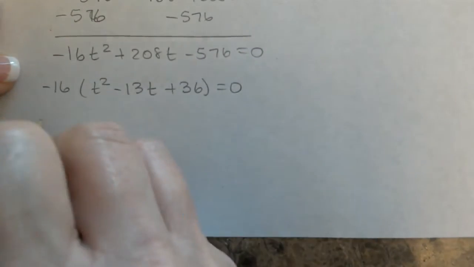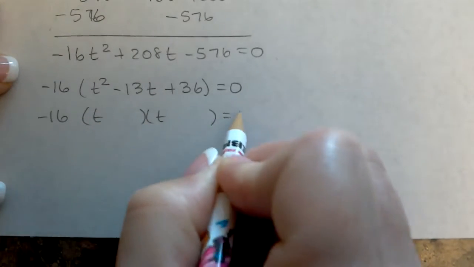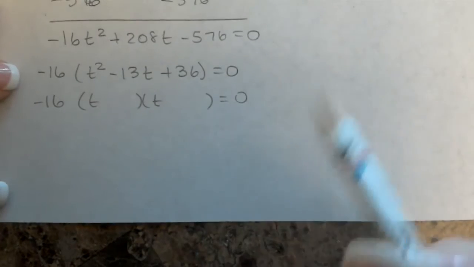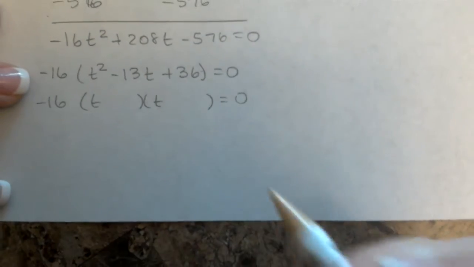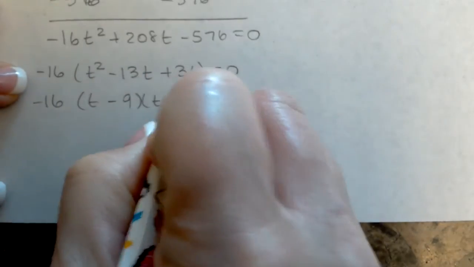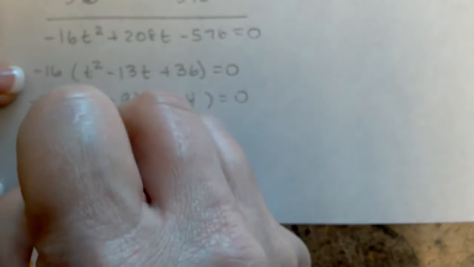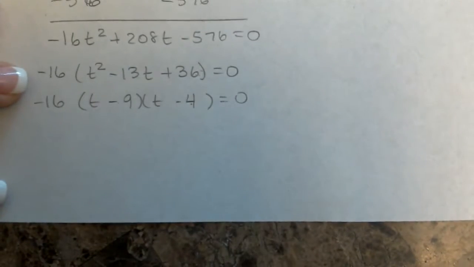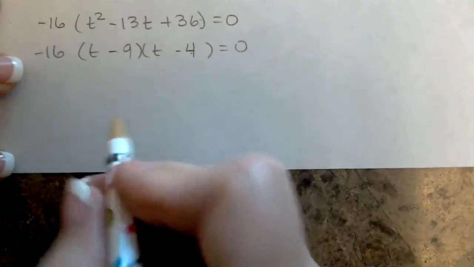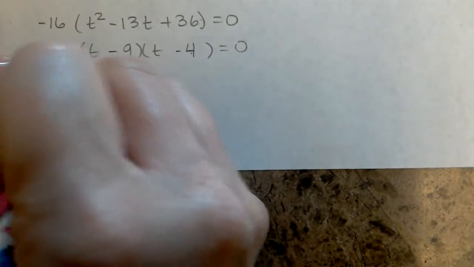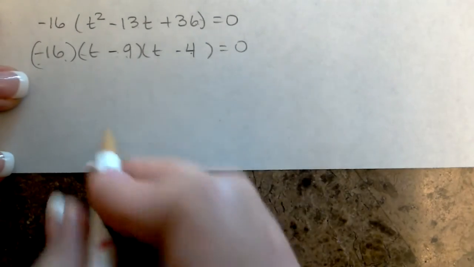All right, now we're going to factor this middle term. You see what times what will give us positive 36, but when you add them together gives you negative 13, and I got a negative 9 and a negative 4, because these multiplied will give me that, but when you add them together, they'll give you negative 13. Okay? So then, because of the zero product principle again, negative 16 will never be equal to 0, so it's going to have to be one of these two terms that will solve it.